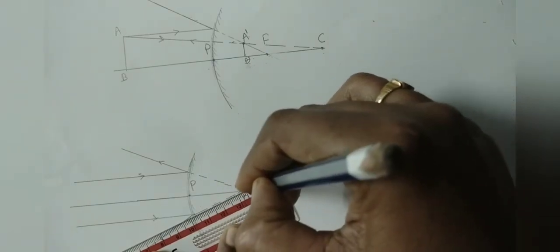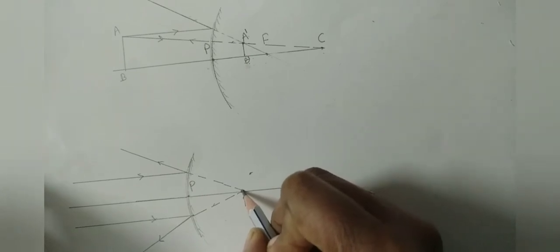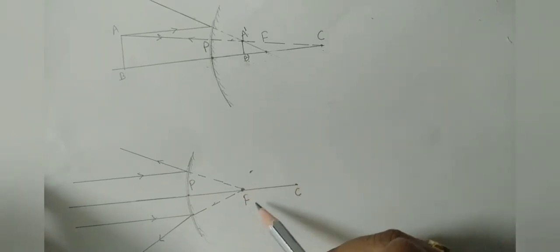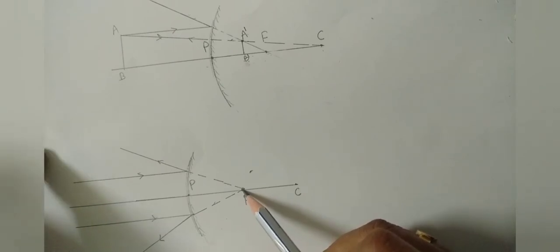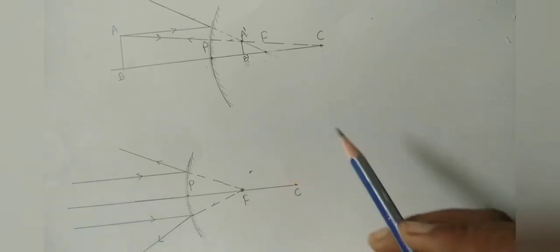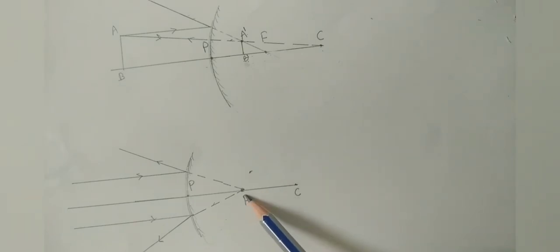And as these rays appear to diverge from the focus, the image of the object will form at the focus behind the mirror. So when the object is placed at infinity in front of a convex mirror, the position of the image will be at the principal focus behind the mirror.